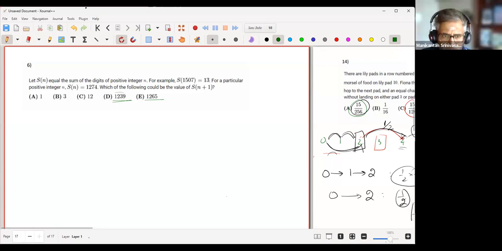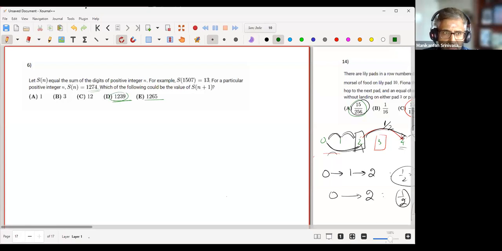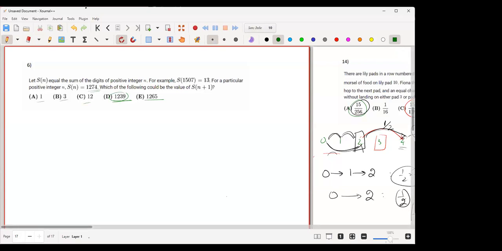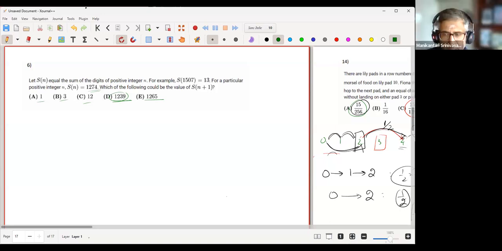But then why did you choose this in the first place? 1274, I mean, as we see the problem, or are you doing this difference with every number? I started with n ending with 9, and then I saw how much change could be possible in the sum of its digits. I did it with every option.